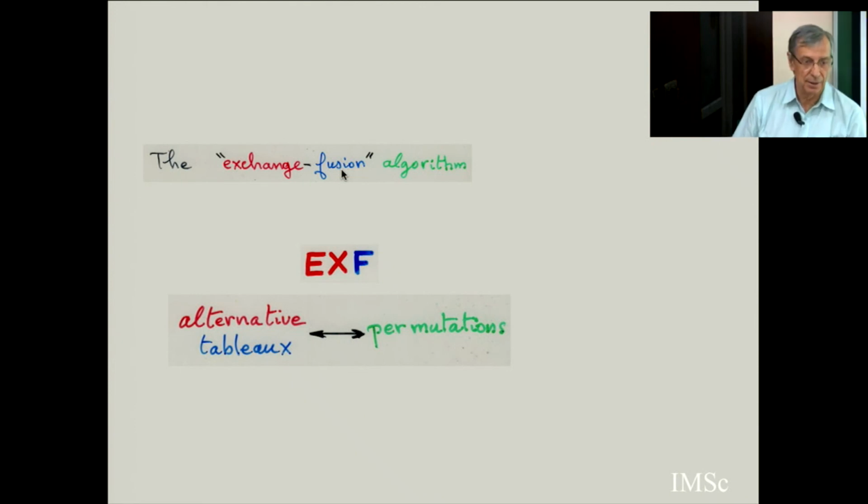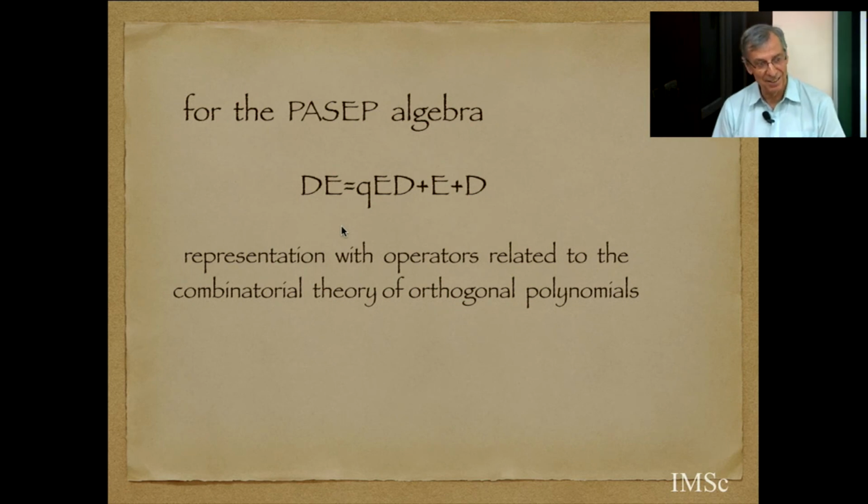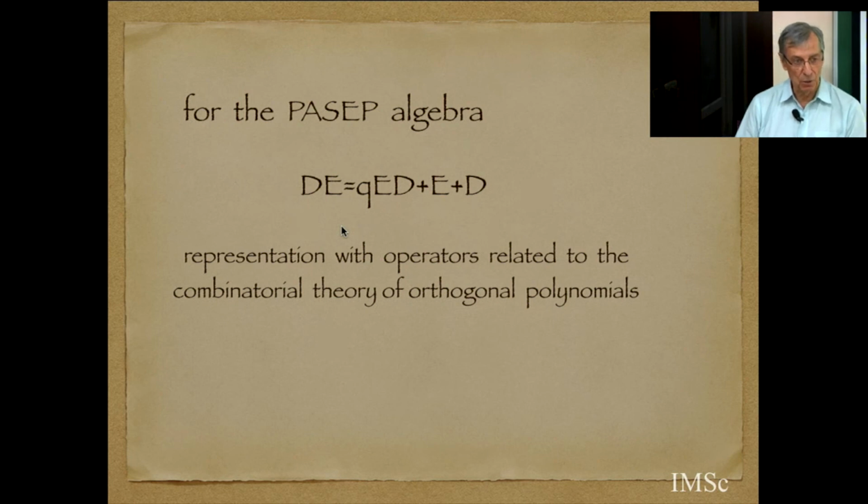This algorithm is also equivalent to the classical algorithm of people working on the PASEP, and from a combinatorial point of view, it can be obtained exactly the same way as RSK, by a combinatorial representation of the operators D and E by some operators acting on some combinatorial object.